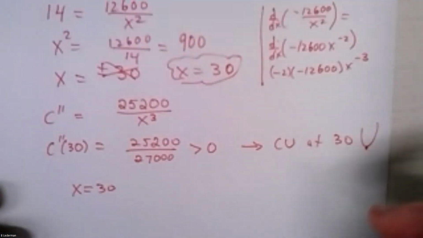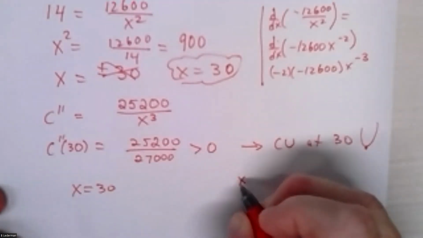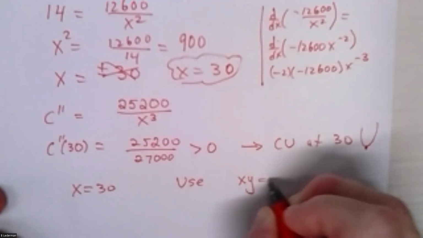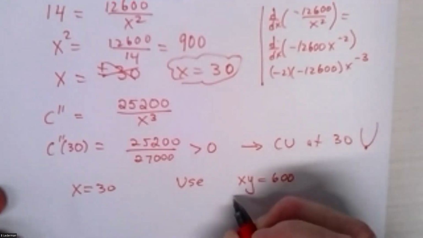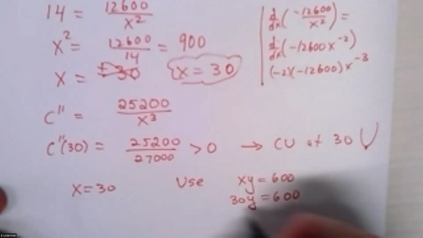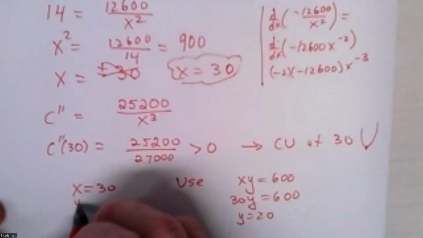All I need to do now is figure out y, and I'll use the equation xy equals 600, which means 30y equals 600. So y equals 20.